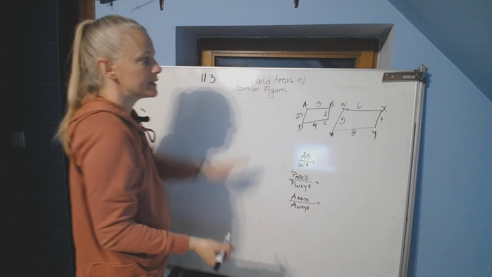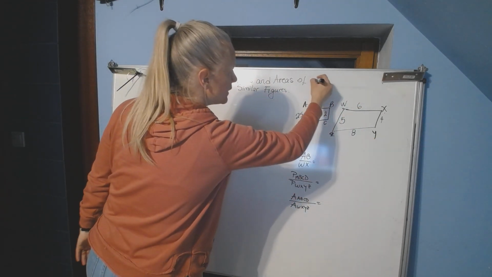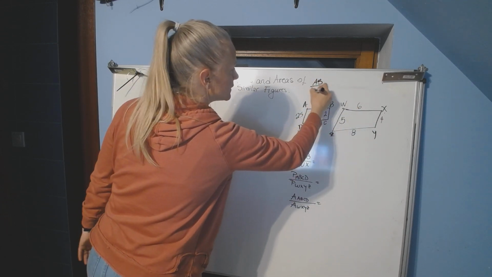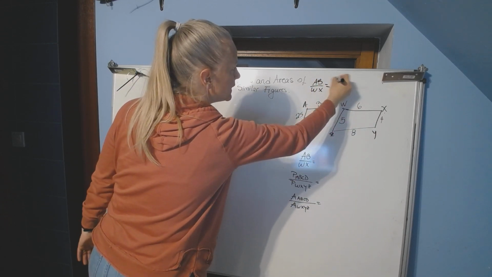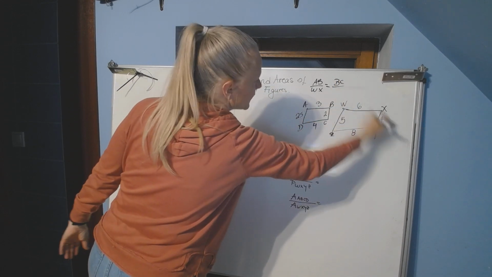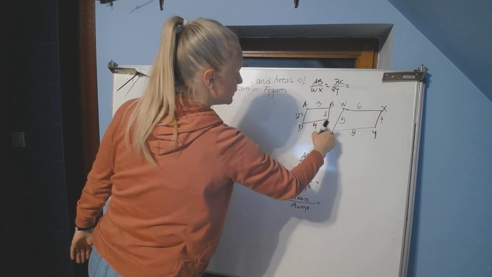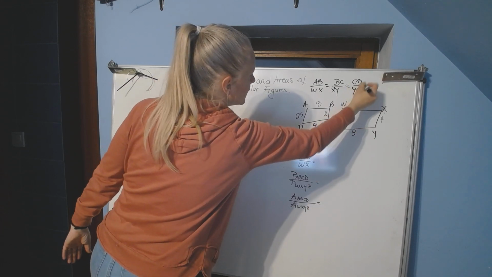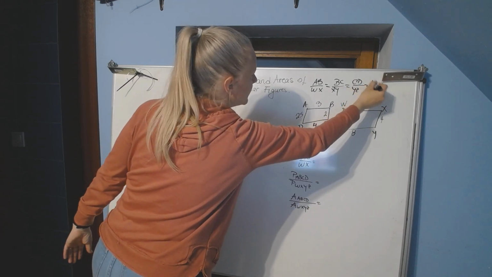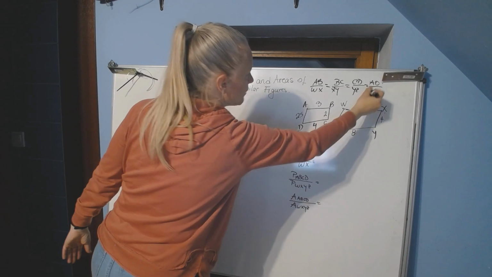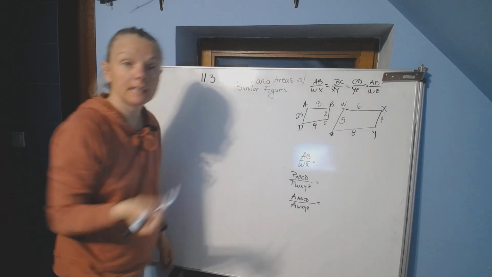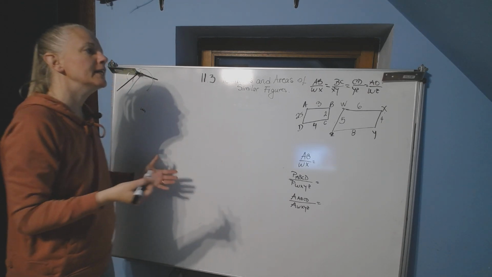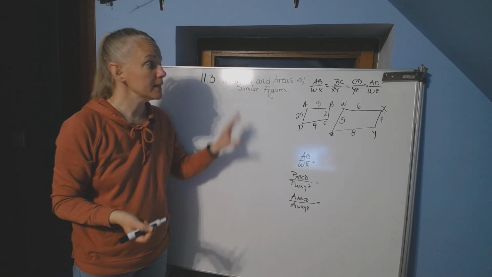AB over its corresponding WX will equal BC over its corresponding XY will equal CD over the corresponding YZ. And the last one is AD over the corresponding WZ. And they're all going to be the same ratio. We've done this in triangles. It stays the same for any type of polygon, right? So it's the same similarity.